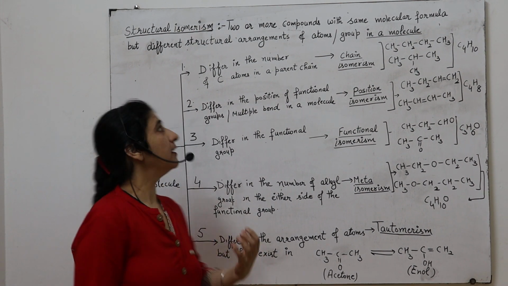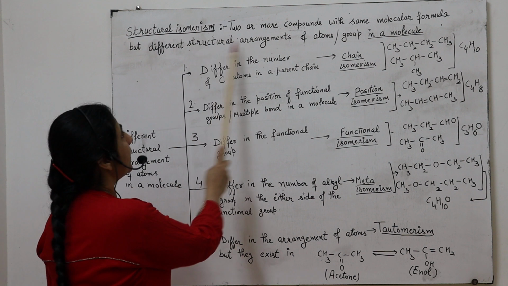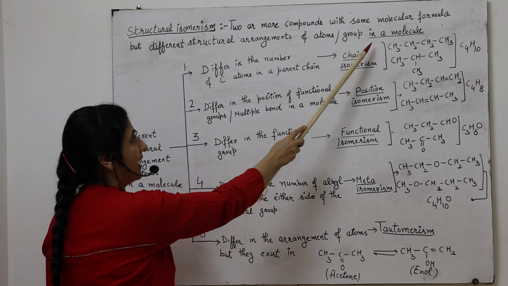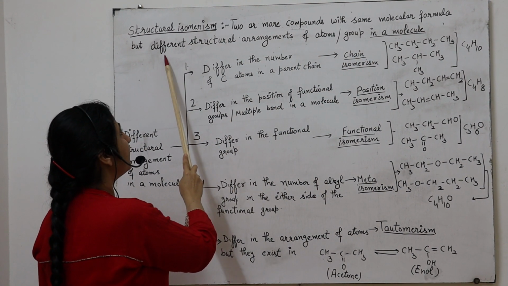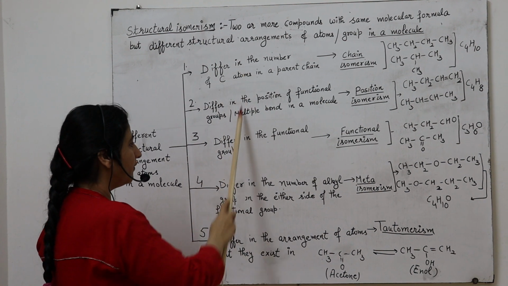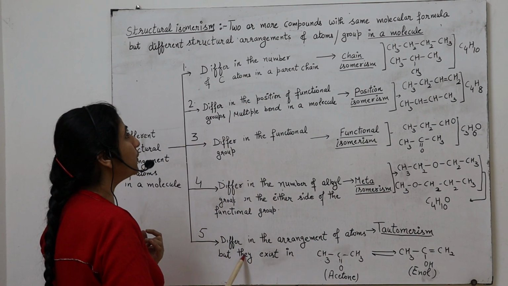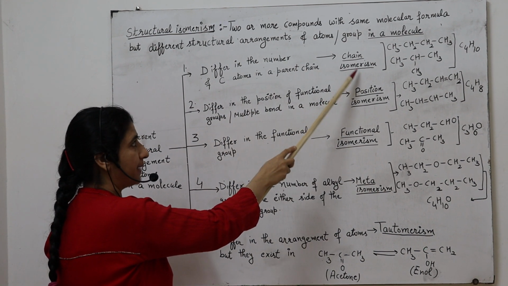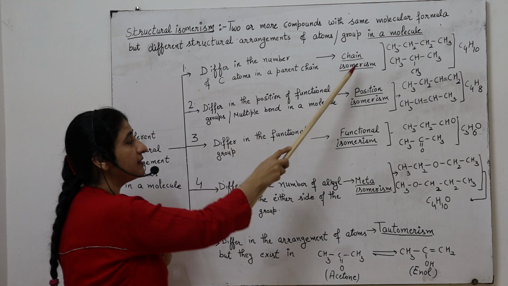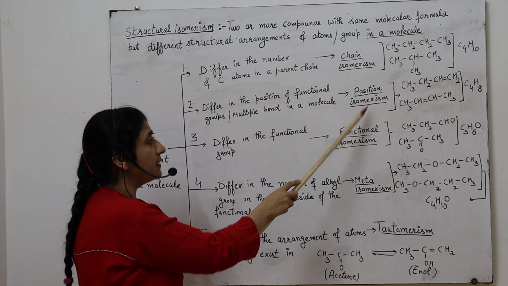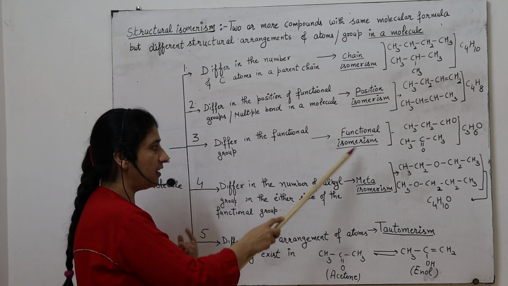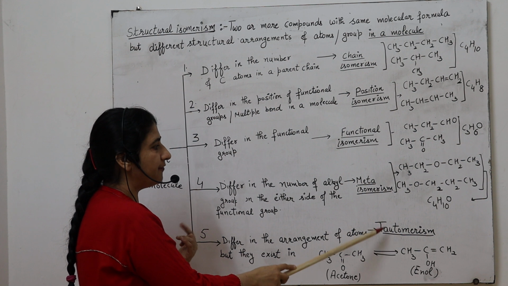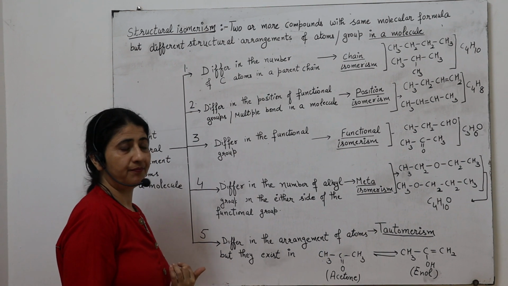So it means the structural arrangement of atoms or groups of atoms in a molecule is different due to 5 things. There are 5 types of structural isomers. Number 1 is chain isomers, second is position isomers, third is functional isomers, fourth is metamers, and fifth is tautomers.